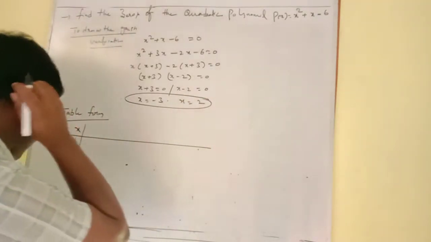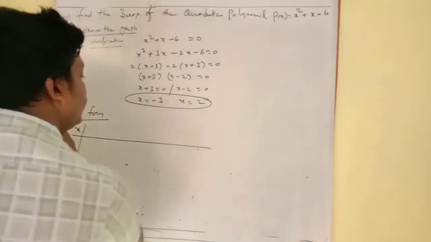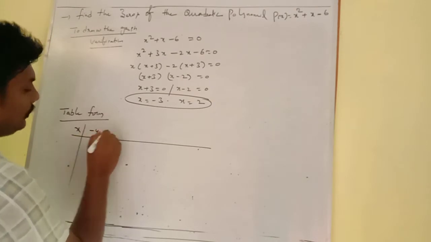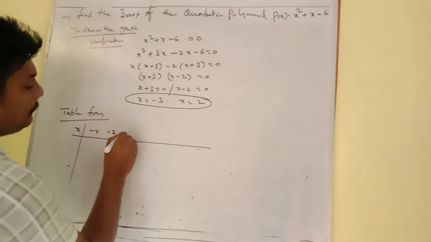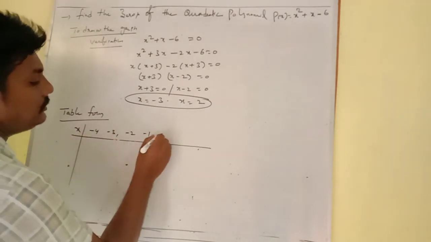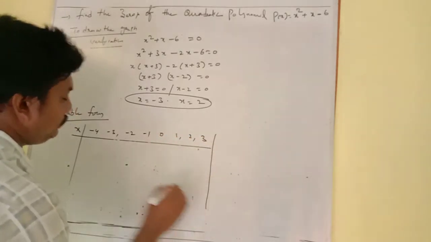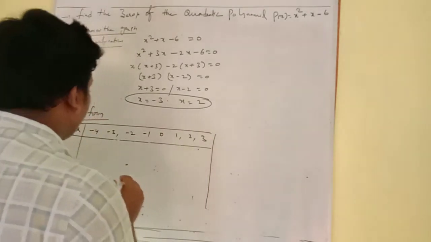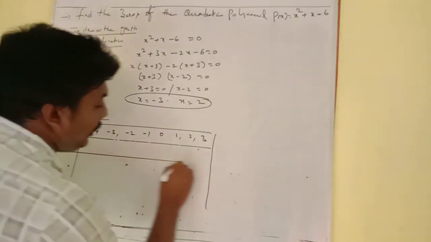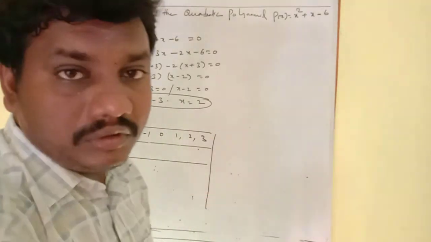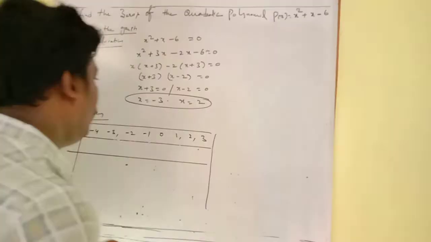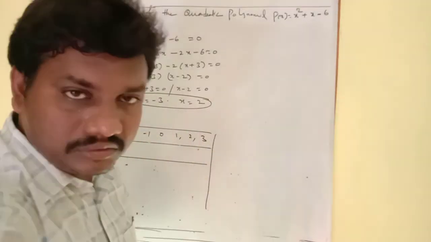That's why I am taking one value beside this, that is minus 4, minus 3, minus 2, minus 1, 0, 1, 2, 3. To draw a neat diagram of the graph, I should consider the values like this.